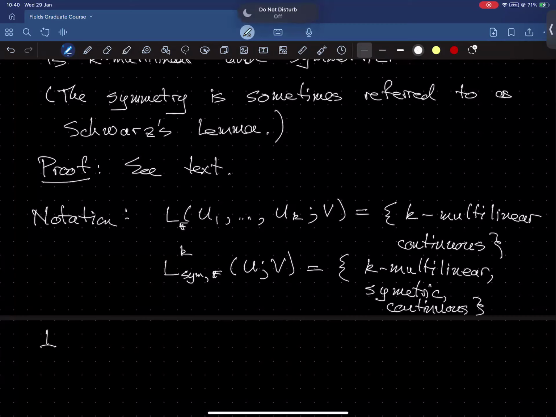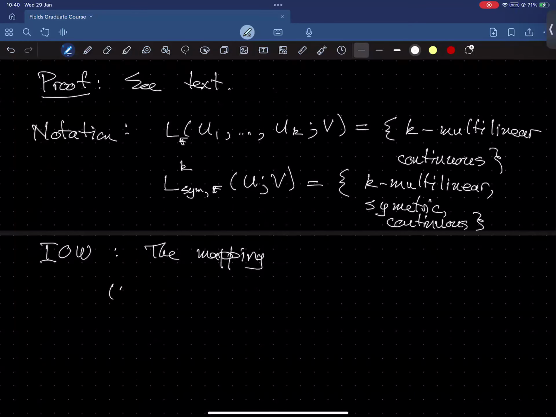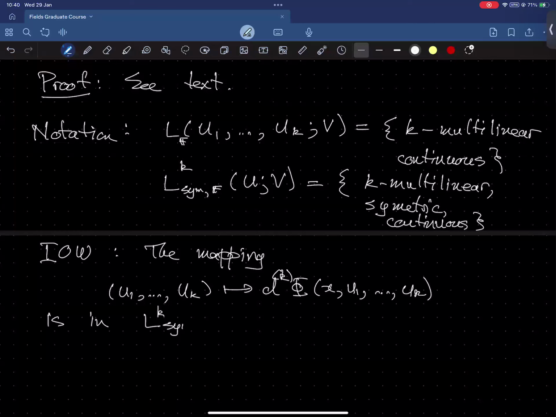So in other words, what we have is that the mapping (u1, ..., uk) to D^k phi(x)(u1, ..., uk) is in L^k_sym.